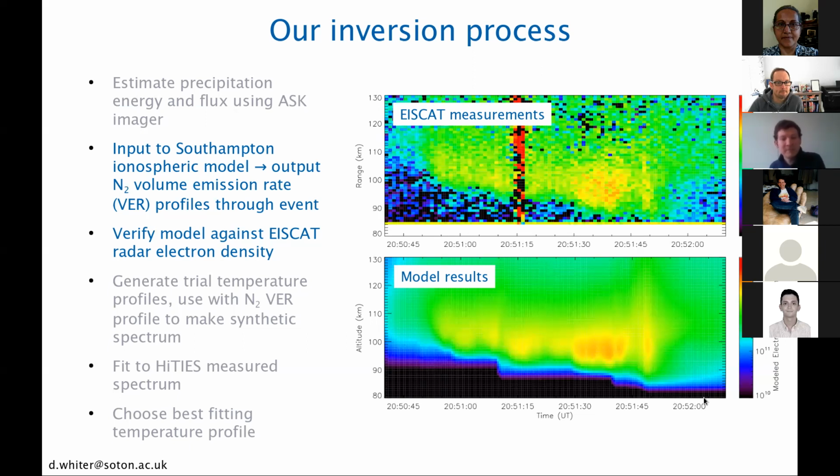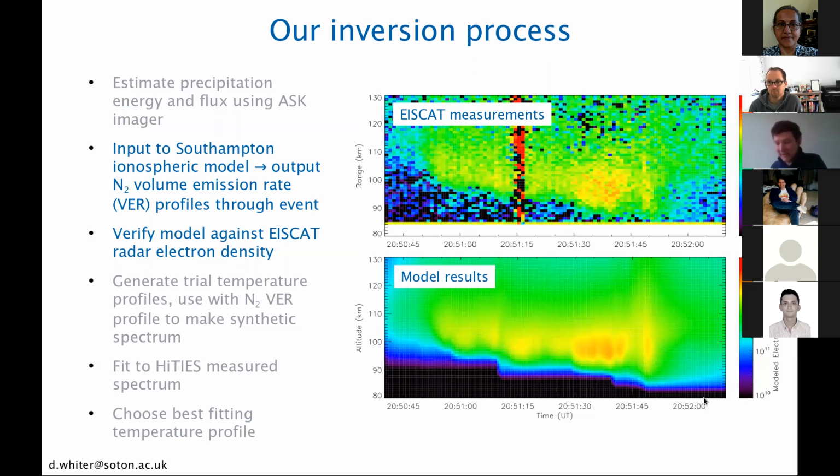We want to look at the same point, because otherwise we can't take the ratios. Okay, and so if height is really important because of the temperature profiles, how are you going to be able to confidently distinguish between changes in the emission height and actual changes in temperature?